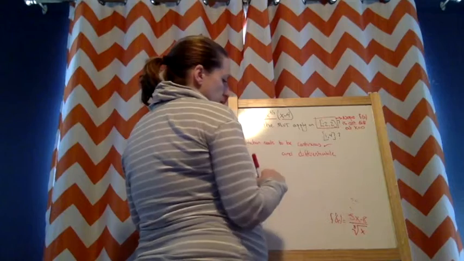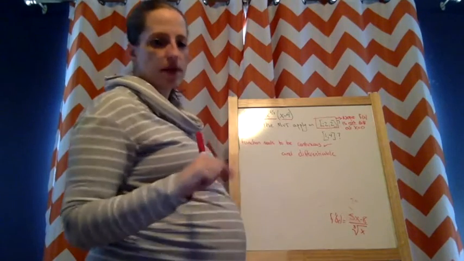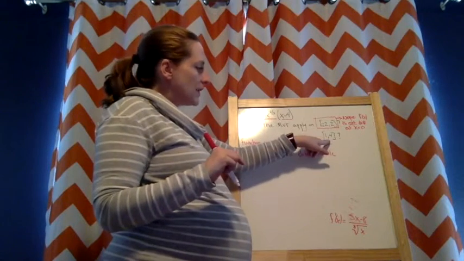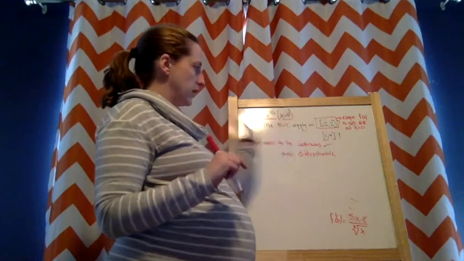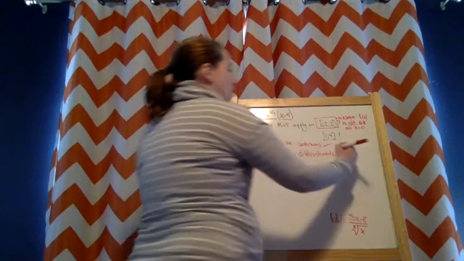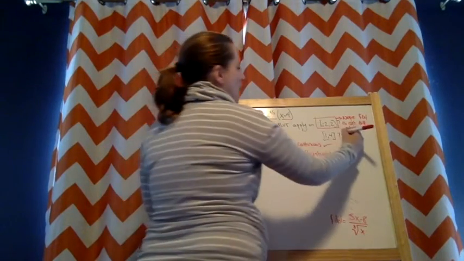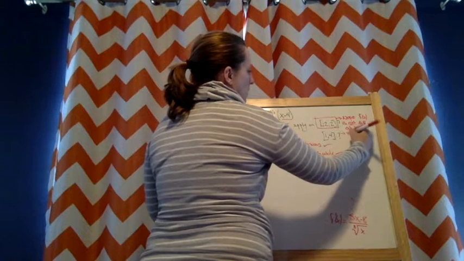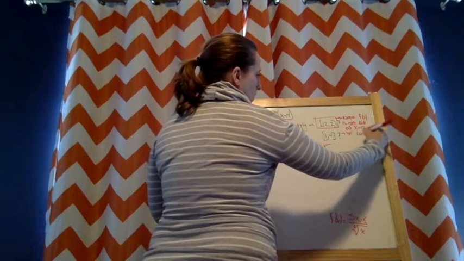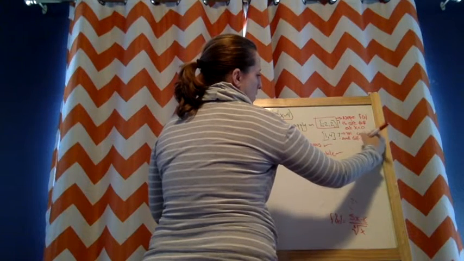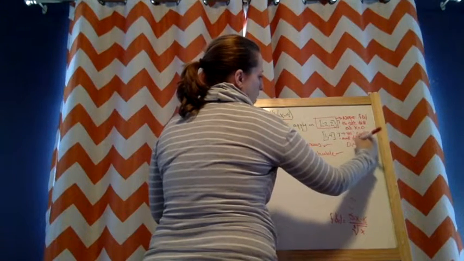And thinking about differentiability, remember that the only place our derivative wasn't defined was x equals 0. Since 0 is outside of that interval, 0 is to the left of 1, we are differentiable on 1, 4. So MVT does apply. Our function is continuous and differentiable on that interval 1, 4.